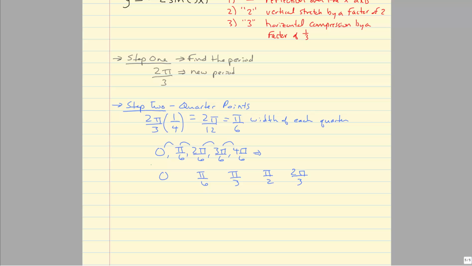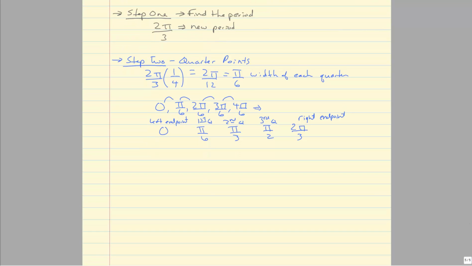So this is my left endpoint. This is my first quarter point, second quarter point, third quarter point, and this is my right endpoint. So if we follow this process, we'll always be able to get to the correct graph because it takes us through kind of a step-by-step process.